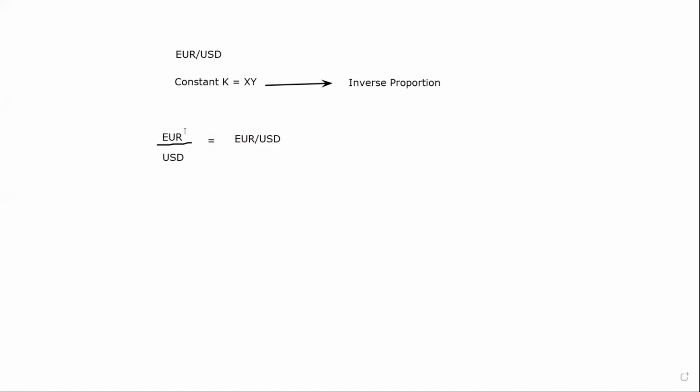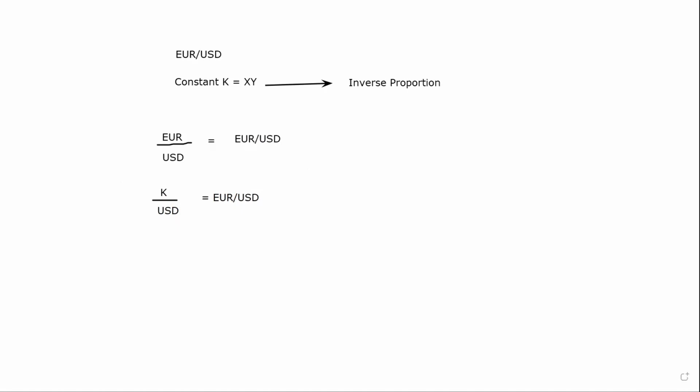Now we have to make euro USD the subject, with constant K. So what we're gonna do? We're gonna do it like this. Constant K divided by US dollar is equal to euro USD.